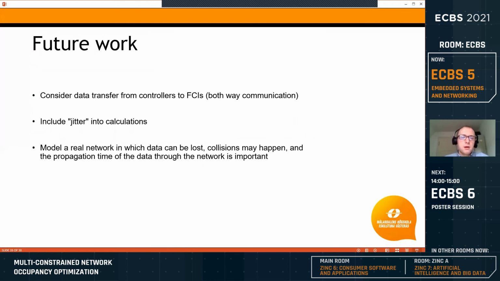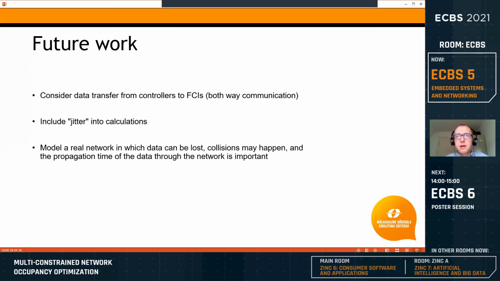Regarding future work, of course, we can consider communication from end nodes to source nodes, that is, both-way communication from source nodes to end nodes and vice versa. We can include jittering calculations, in a way that we don't have an ideal reading period, but we have a jitter time interval around that ideal reading period, in which reading, packing and sending can be done.